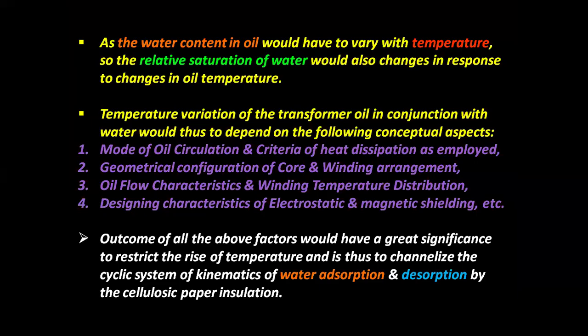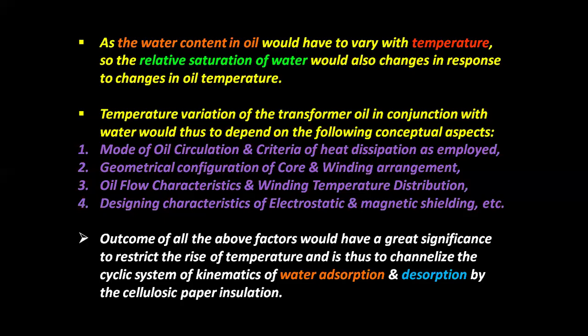Temperature variation of the transformer oil in conjunction with water would depend on the following conceptual aspects. One, mode of oil circulation and criteria of heat dissipation as employed. Two, geometrical configuration of core and winding arrangement. Three, oil flow characteristics and winding temperature distribution.